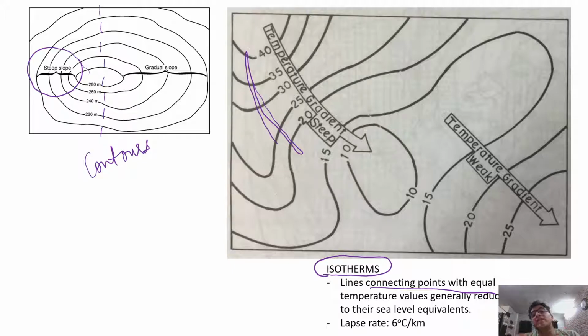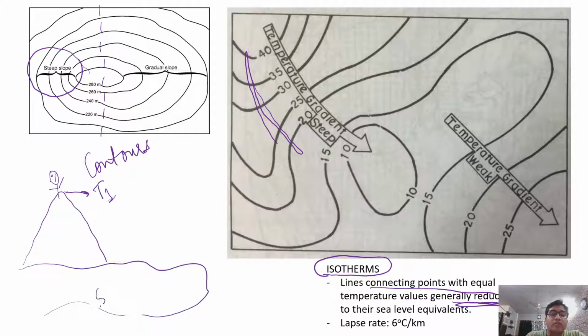Okay, now an interesting fact over here is that whenever an isotherm map is given, it is not that it is given as such. The temperature values have to be reduced to their sea level equivalents. Now, let us say you are standing on a mountain cliff over here. Someone stands here and he measures temperature T1, while on the sea level, the temperature measured is T2.